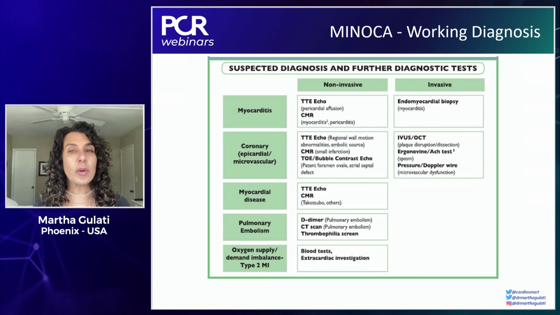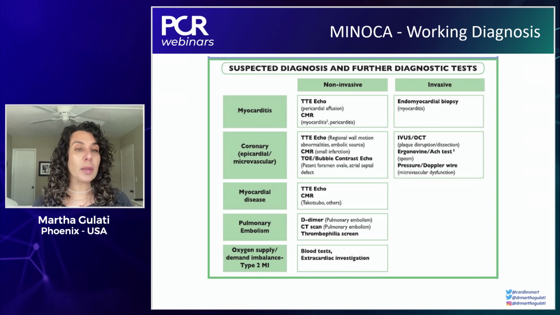And every one of us sees these patients at different points. I know this is a more interventional group, so IVUS and coronary functional testing is definitely something that can help us. But if you see them later, especially when they have ongoing symptoms of angina, and if they did receive a stent already and continue to have the same symptoms that brought them in, you may end up using more non-invasive imaging testing to help drill down.